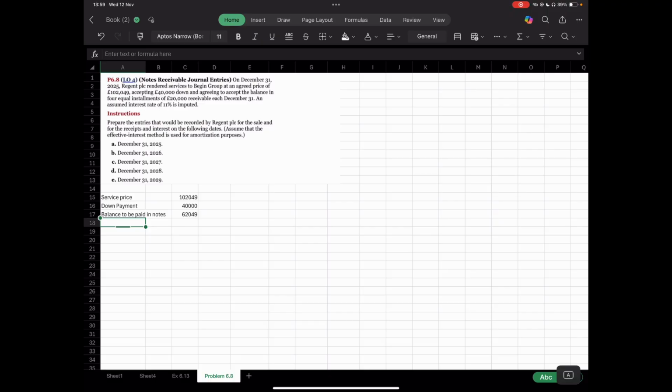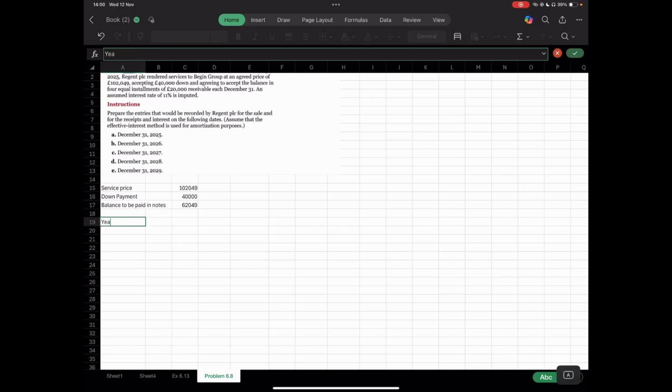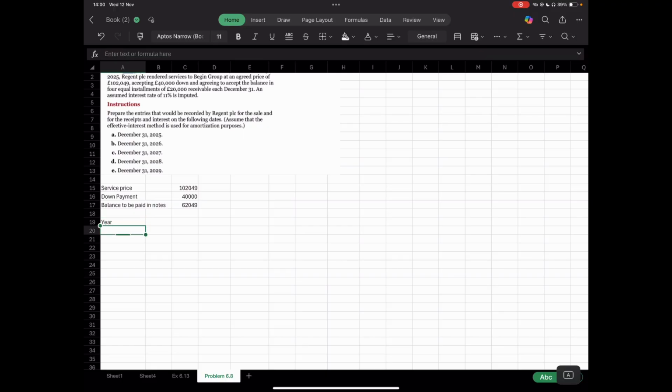Now we're going to create an amortization schedule in Excel. It's the heart of our problem. First, we're going to set up our columns. Here I'm going to type year. Then I'm going to type interest revenue.